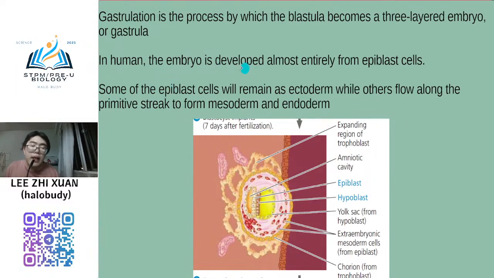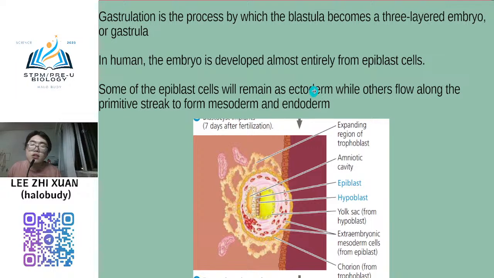Normally the embryo develops almost entirely from the epiblast. The hypoblast does not play much of a role in embryonic development. Some of the epiblast will remain as ectoderm, while others will flow along the primitive streak to form the mesoderm and endoderm.